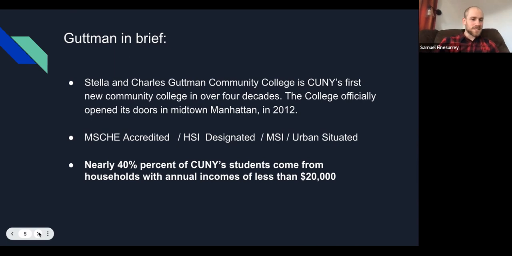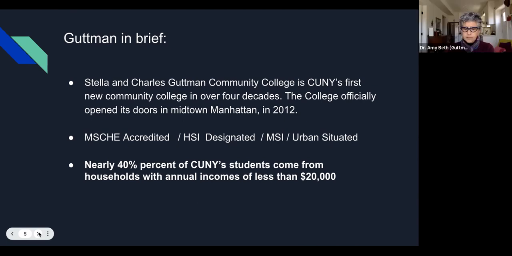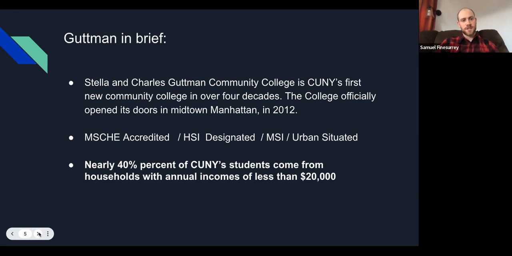I think there are 85 total faculty, part-time and full-time folks who work at Gutman, meaning that personal relationships are able to be developed between myself and Amy and Lauren and the rest of the faculty. And that probably augments their receptivity to what we're presenting to them.